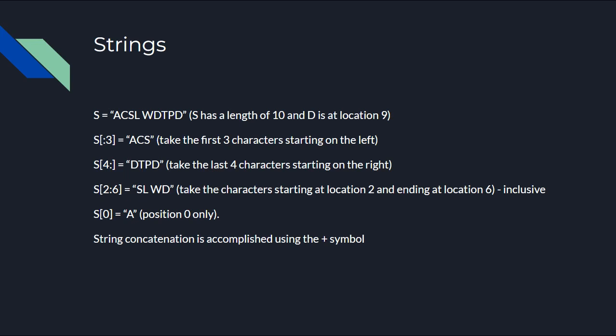So starting at location 2 and ending at location 6, all the characters in between would be the ones selected from the string, and if you use a single number, it will only take the character at that position.